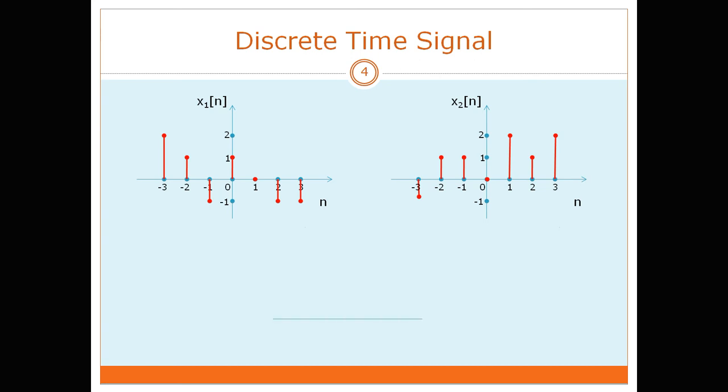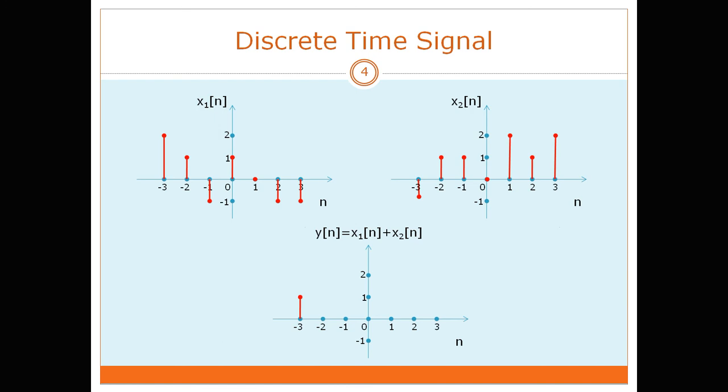So y of n is equal to x1 of n plus x2 of n. At -3, x1 of n is 2, x2 of n is -1, so 2 minus 1 will give us 1. Yeah, that is the answer.